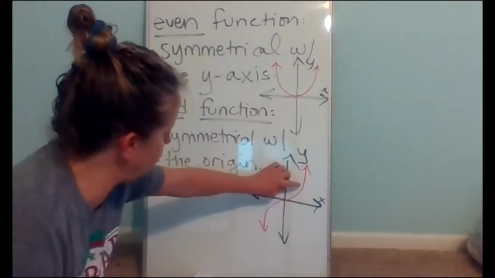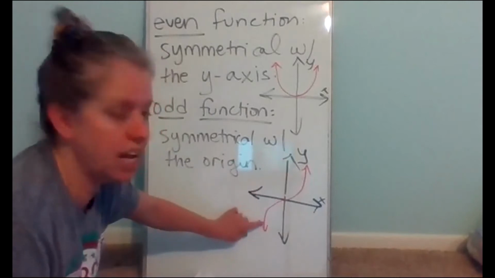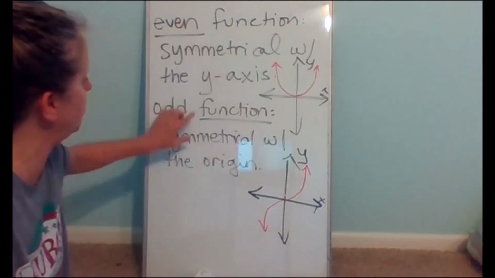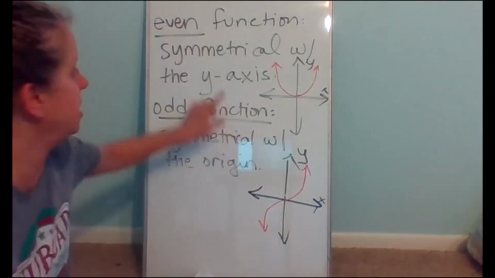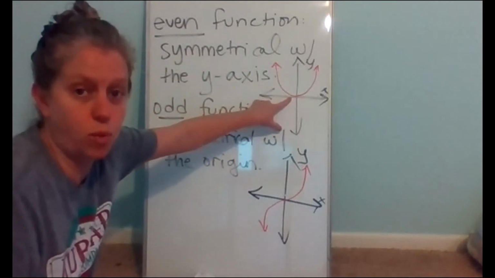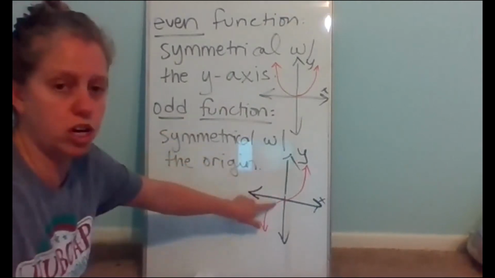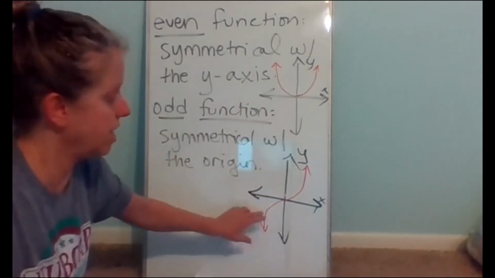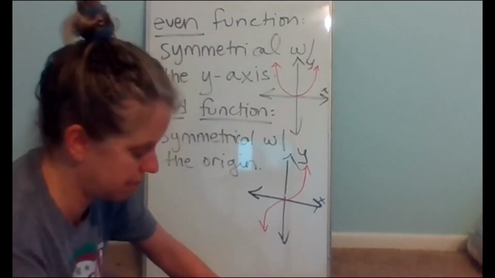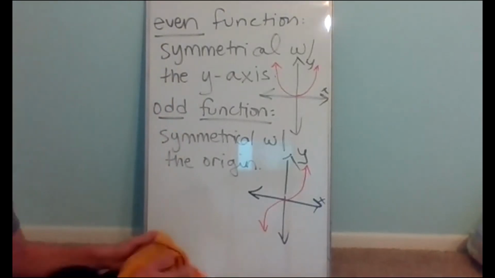So if you notice, if you rotate this part of the graph 180 degrees, it would lie on the other part of the graph. So that's what the difference is between an even function and an odd function. An even function is symmetrical with the y-axis, like the x squared function. An odd function is symmetrical with the origin, like the x cubed function. So the last two problems in this section are asking if they're even or odd. So let's look at what number 4 looks like.